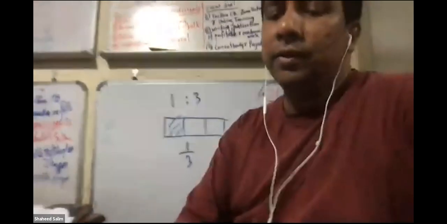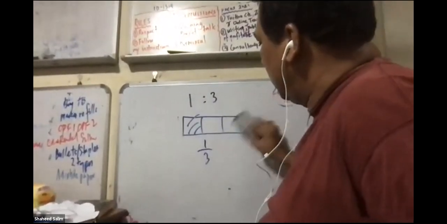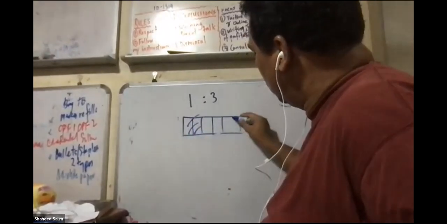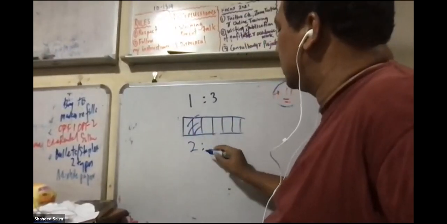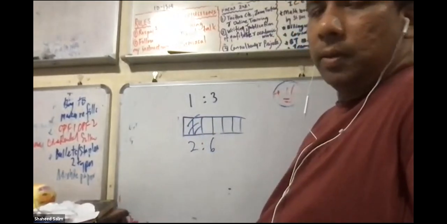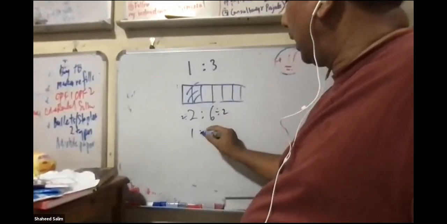Now, this one can be reduced. Let's say for example, if I were to divide this into 2, can you see it's 2 parts? It's 1, 2, 3, 4, 5, 6 parts. But I can reduce and divide by 2, I get 1:3 also.